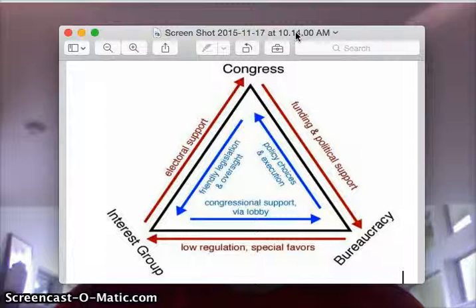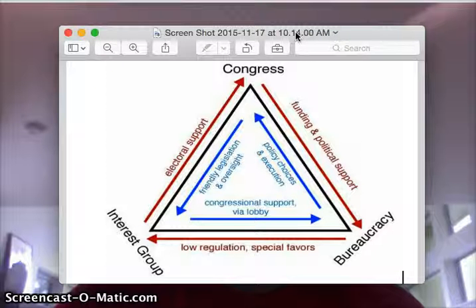Now, we're learning about it now because we're talking about political parties and interest groups, and you haven't learned specifically about the legislative branch or the federal bureaucracy yet. But if you can see and follow those arrows, basically what's happening is the interest group is sending electoral support, in the sense of reaching the members of their interest group.